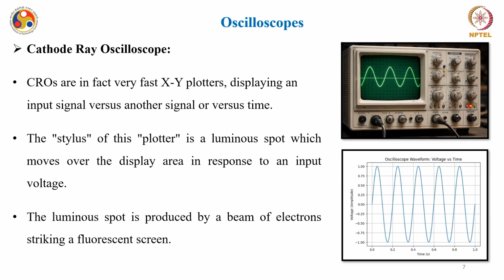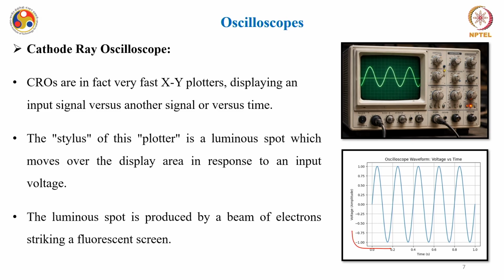If you see this CRO and the output from this CRO, it looks like a kind of XY plotter, but very fast, displaying an input signal versus another signal, or as I mentioned, versus time. The stylus of this plotter is not a physical stylus.